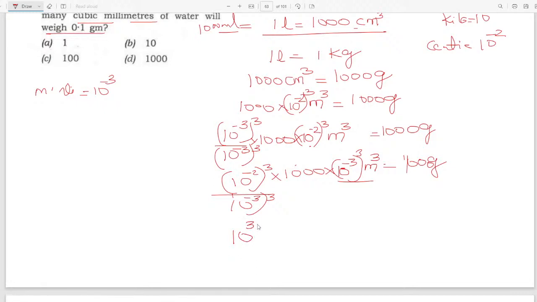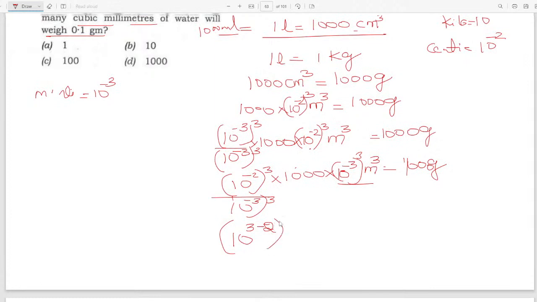Minus 3 will become plus 3, minus 2 plus 3, minus 2, whole cube, into 1000 millimeter cube is equal to 1000 grams.